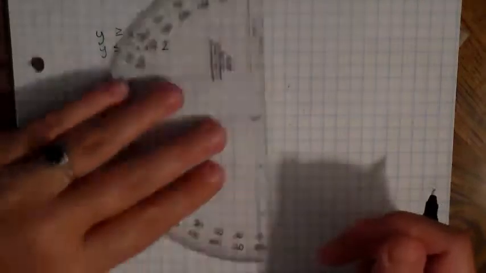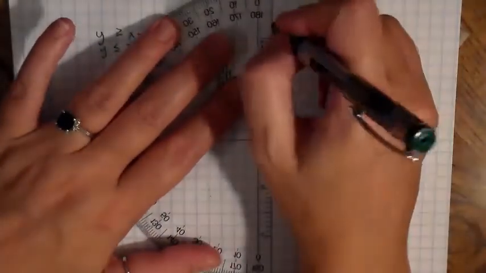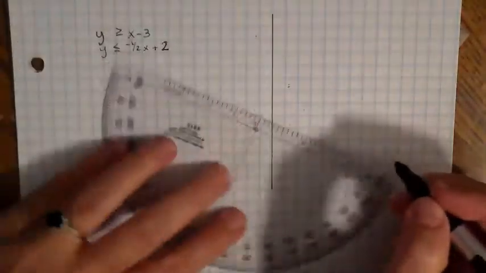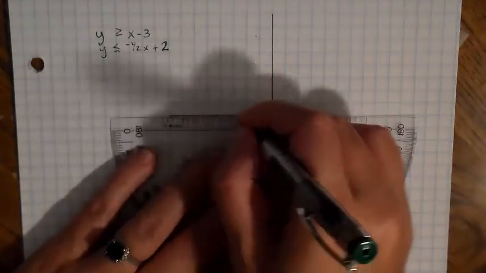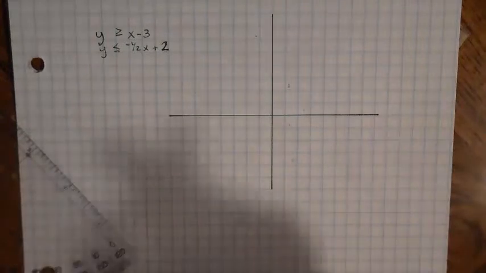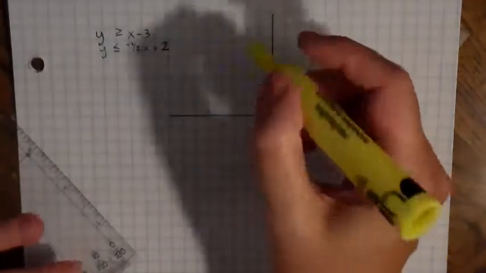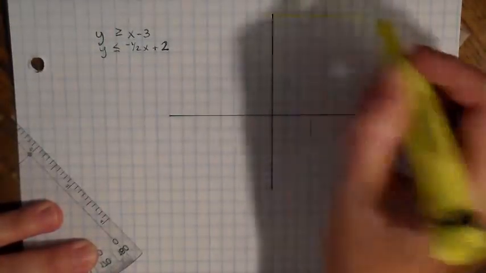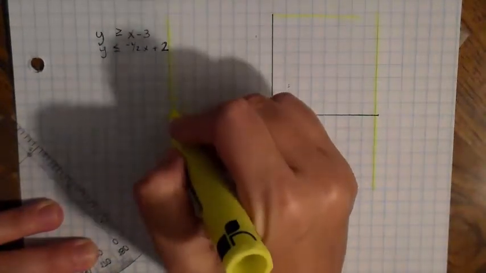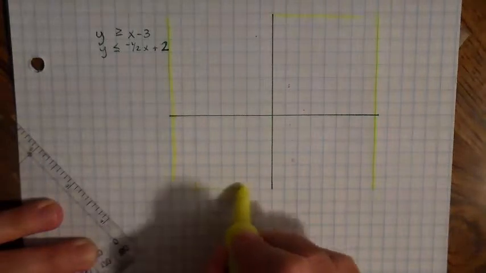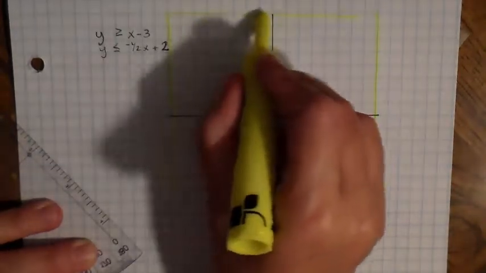Okay, so I'll make my coordinate plane. And now you don't have to do this, but if it makes it easier so that you'll know the boundaries of where you want to shade, you can box in your coordinate plane so that you're not shading the whole page.